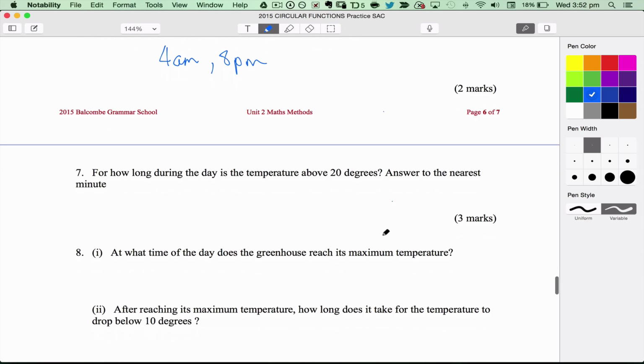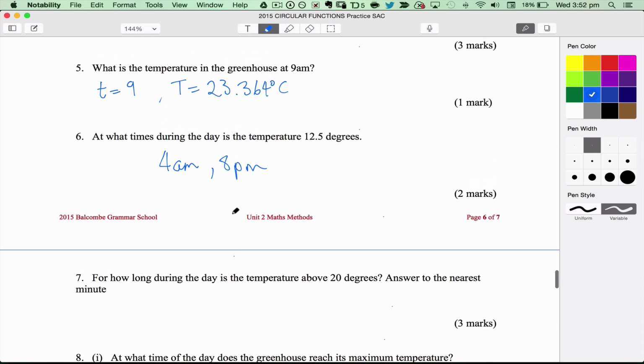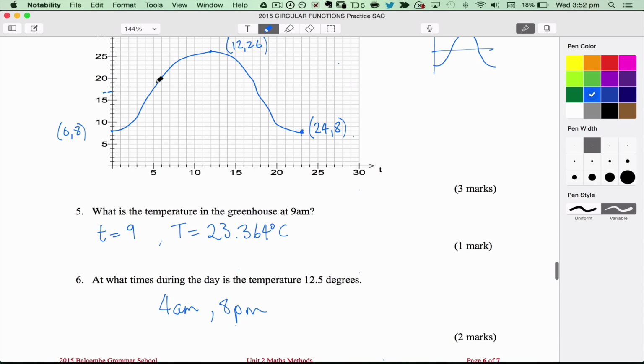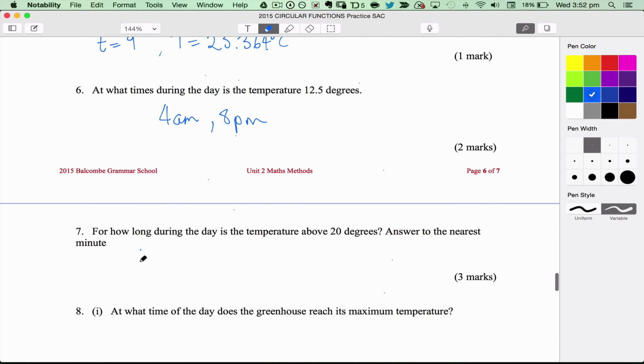Question 7. How long during the day is the temperature above 20 degrees? You need to look at where it is 20 degrees here and 20 degrees here, and then work out the difference between those two x values. So I have 16.702 for the second one, take away 7.2981, and you should get 9.40 hours after midnight.